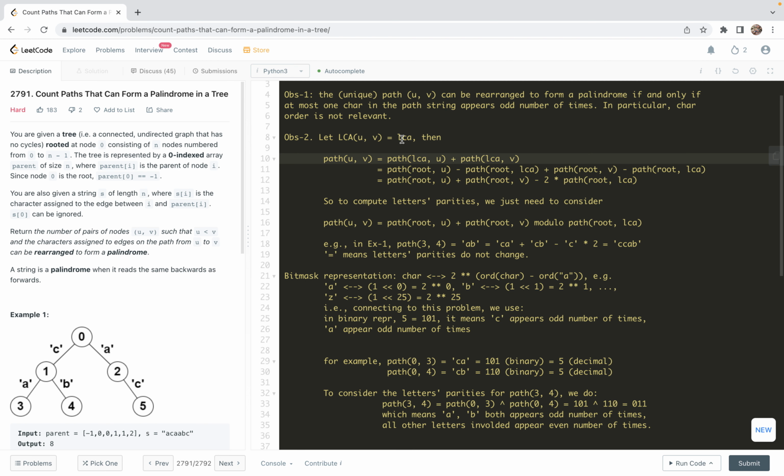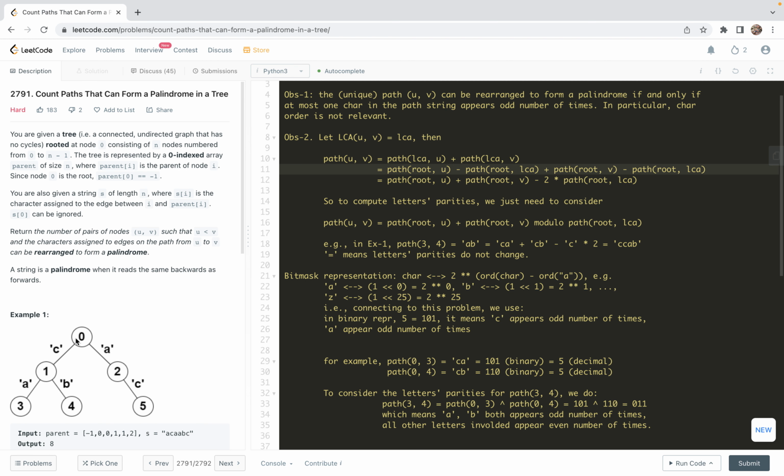So assume that we have this LCA. Then the path between u and v can be computed like this: the path from LCA to u, and then the path from LCA to v. This equality is a strict equality. And then it also equals, because you can think of the path between 3 and 4, right?